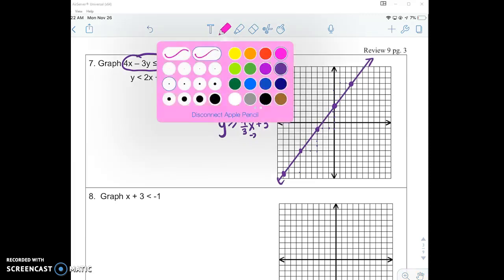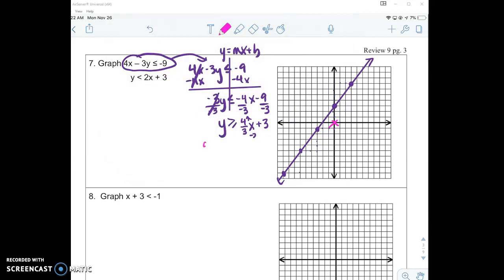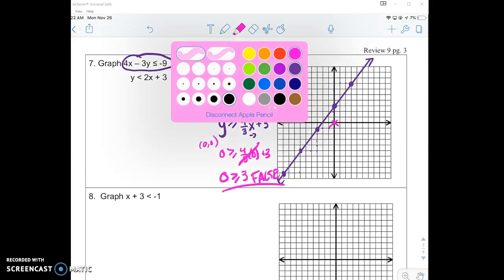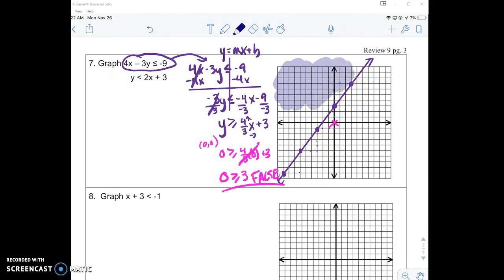And I'm going to test the point 0, 0 to see which way I need to shade. 0 is greater than or equal to 4/3 times 0 plus 3. 4/3 times 0 is 0. So 0 is greater than or equal to 3. This is false. This is not true. 0 is not bigger than 3. So I do not need to shade towards 0, 0. I need to shade away from the origin, or in this case, above the line.